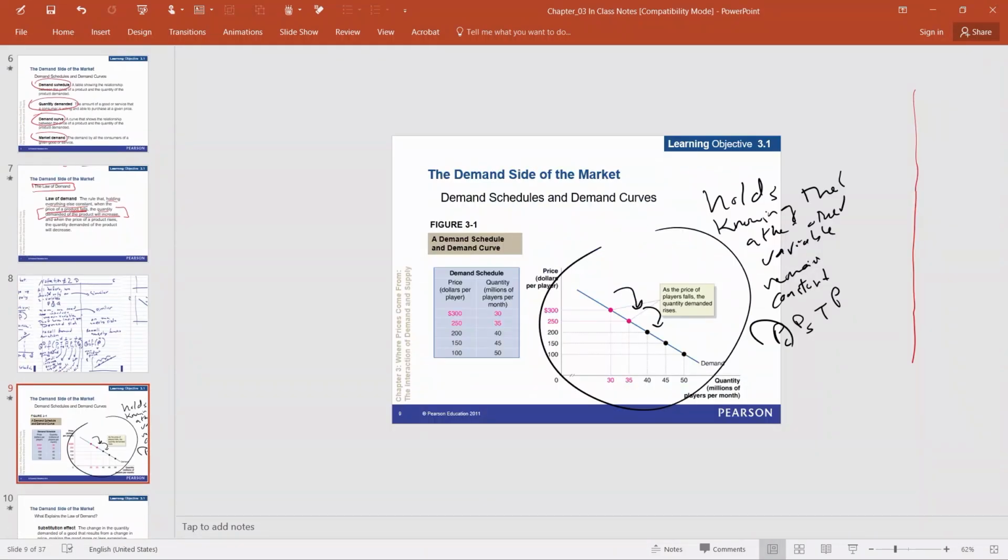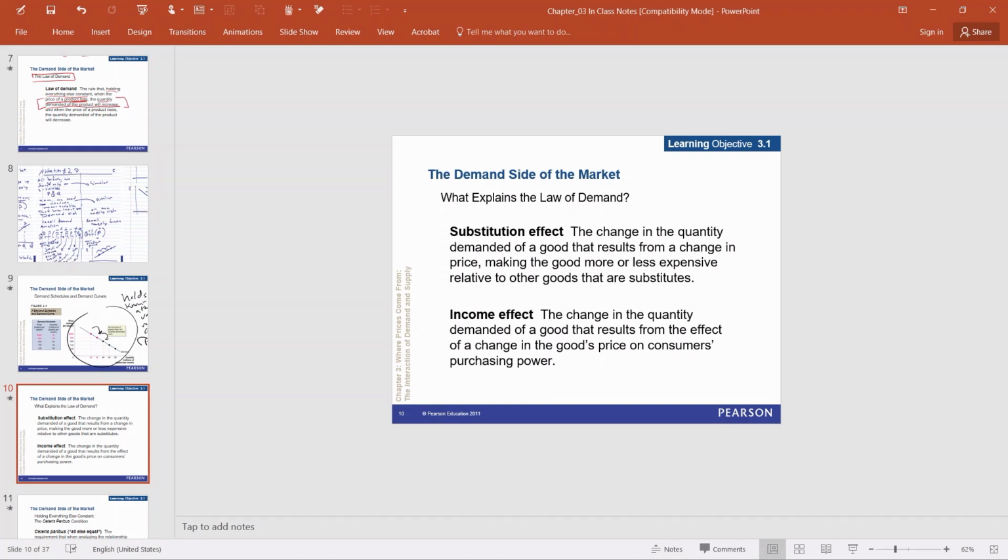We briefly talked about this slide in the last lecture, and as we said, whenever there is a change in the price, if price goes up or price goes down, two effects will happen. One is called substitution effect, and the other is called income effect. So when prices go up, consumers substitute, so they go to other products and leave this product.